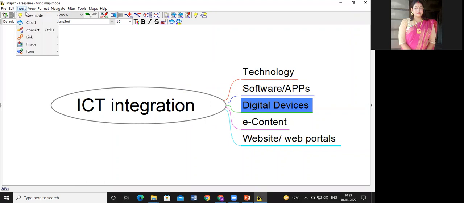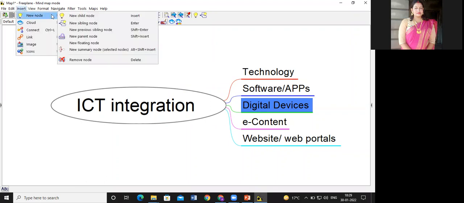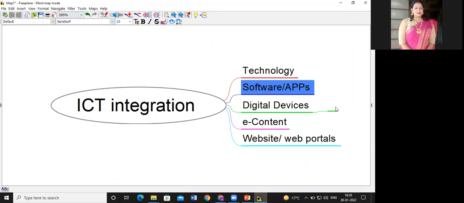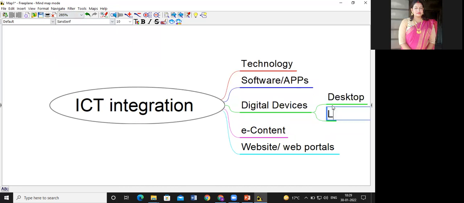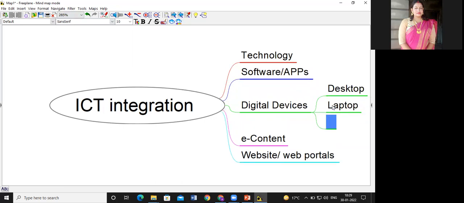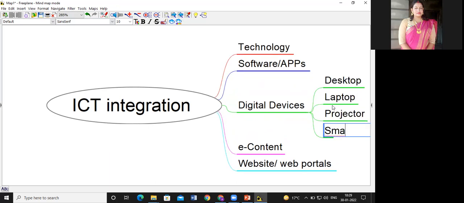If I go to insert and choose new node, then here I can write computer, desktop, computer, I can write laptop, I can write projector. Okay, I can write smart board.